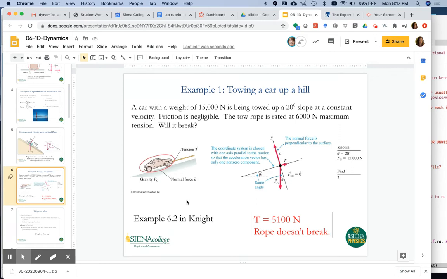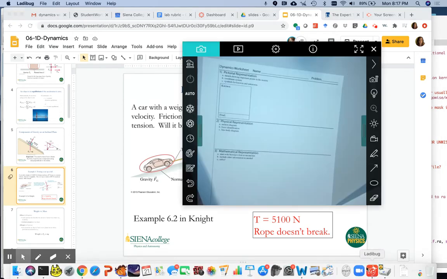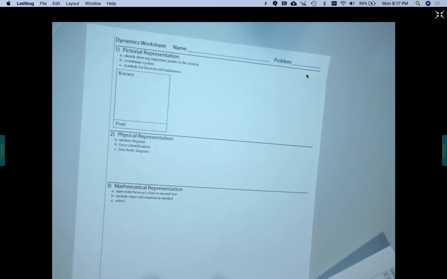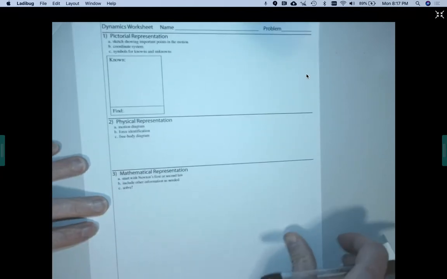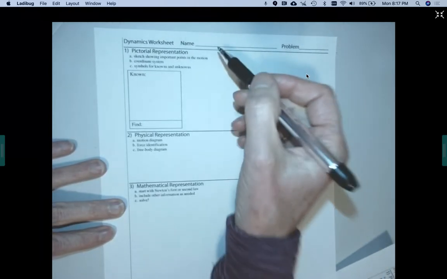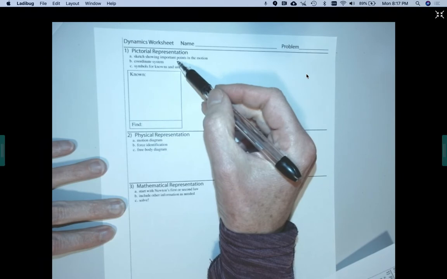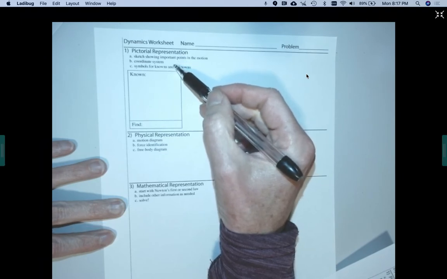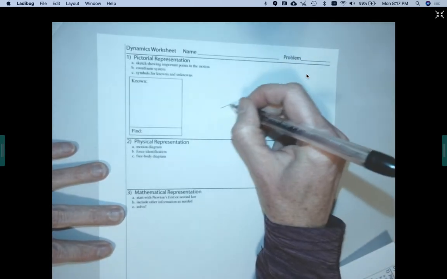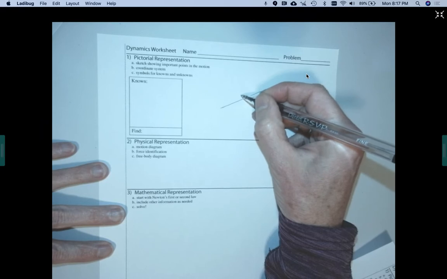Okay, so we are going to go through our problem-solving strategy here. This is what we're going to use, basically. It's this nice dynamics worksheet, and we're going to look at a sketch of what we are looking at, make a coordinate system, make our symbols. So let's just redraw that picture. So we have the car going up the incline.